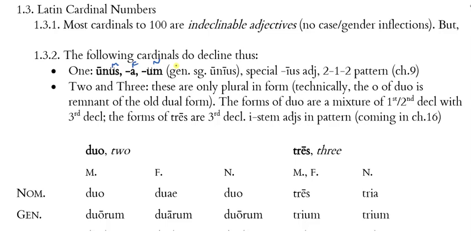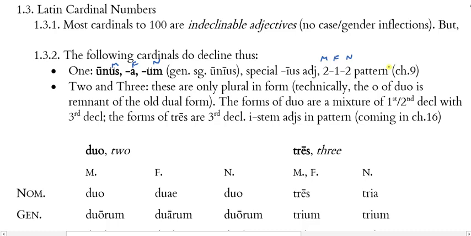The forms are the same in all 3 genders. Otherwise this follows the standard 2-1-2 pattern, where 2 stands for second declension and 1 stands for first declension. Again, this is showing us the declension pattern of the masculine, feminine, and neuter forms.